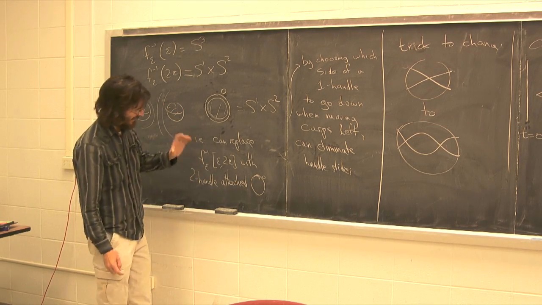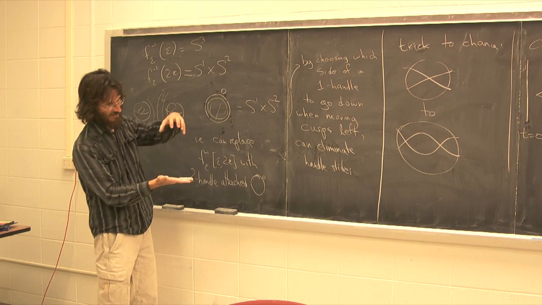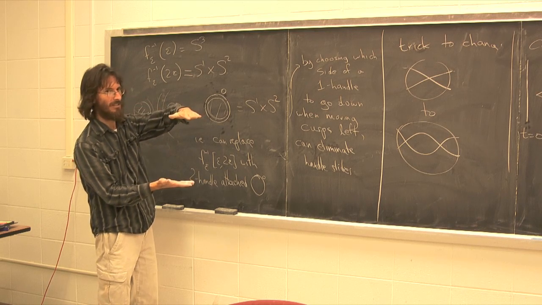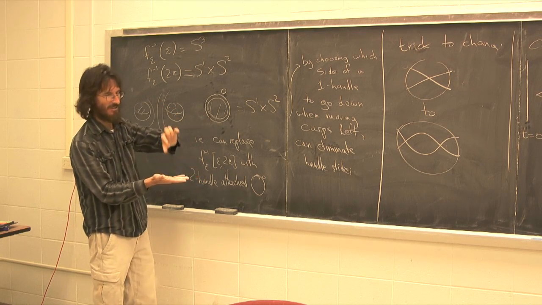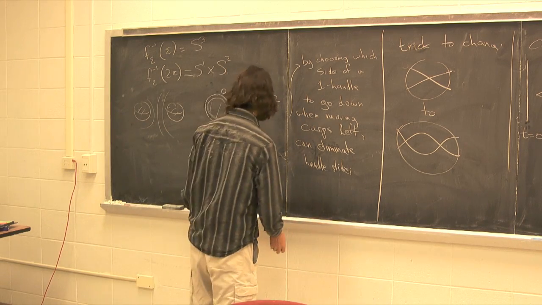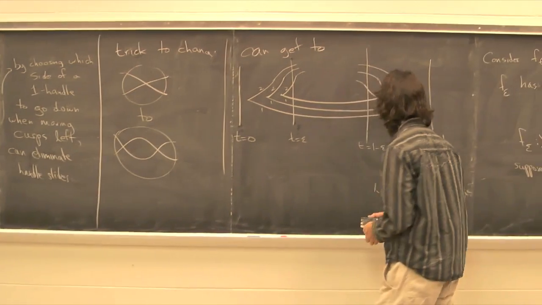In other words, taking S3 cross I and attaching a 2 handle along a 0 framed unknot uses the same 3 manifold at the top that you get by taking S3 cross I and attaching a 1 handle. So we do that operation and we change the 4 manifold, and we now have eliminated a single 1 handle.